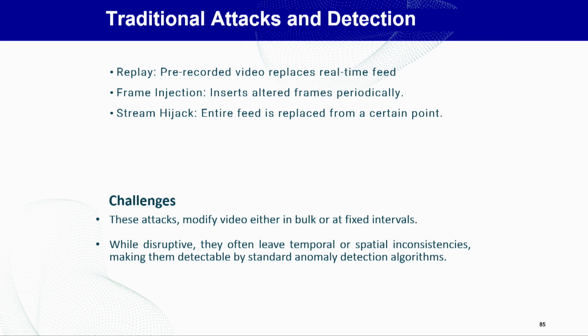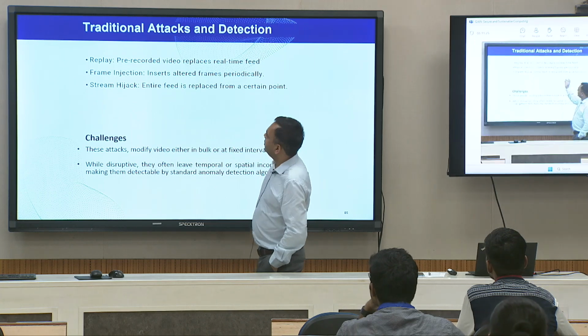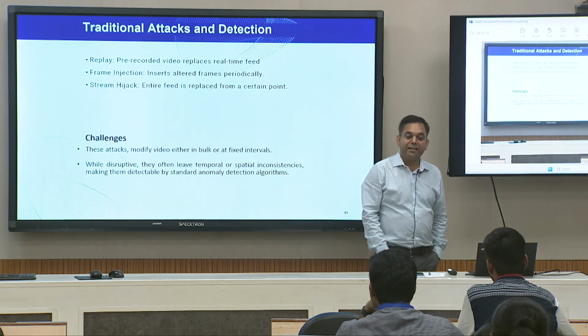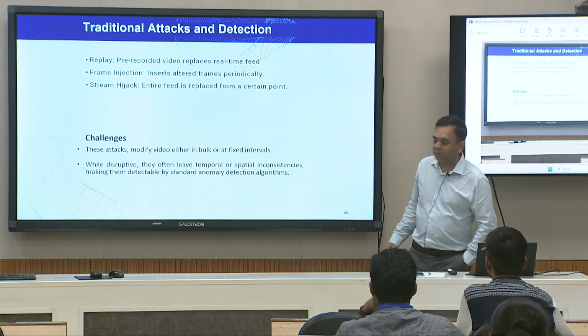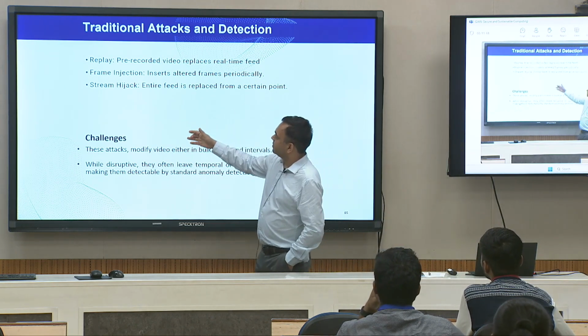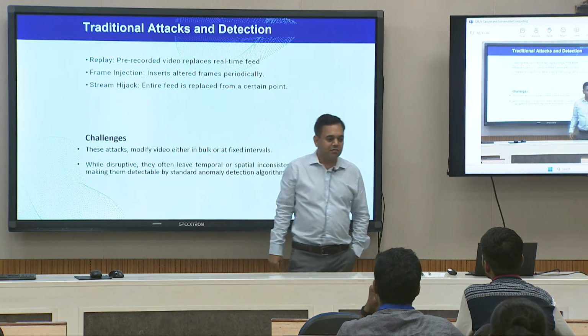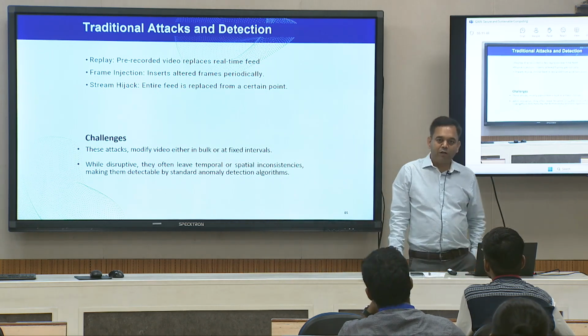Okay, so now we talked a little bit about replay. Now let's look at additional attacks and detection. Replay, like I said, means you take some pre-recorded video and replace the real-time feed with it. There could also be a frame injection attack, which inserts altered frames periodically.